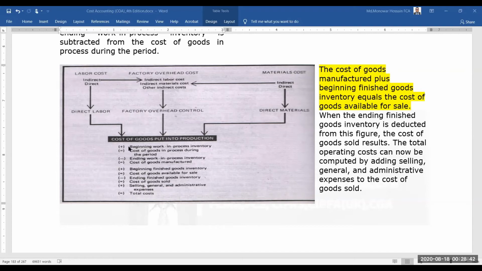Cost of goods put into production plus beginning work in progress inventory minus ending work in progress inventory gives cost of goods manufactured; plus beginning finished goods inventory gives cost of goods available for sale; minus ending finished goods inventory gives cost of goods sold; plus selling and administrative expense equals total cost.